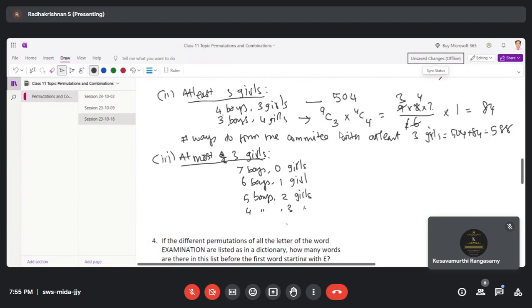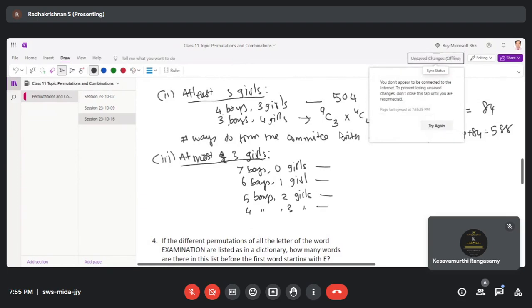Beyond that, 3 boys and 4 girls, that combination is not allowed. So with the same formula, in a similar way, we can calculate each of these combinations and add up.